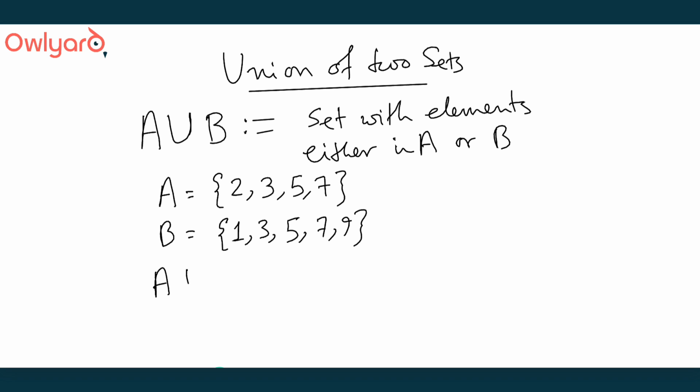Then A union B, the way we have defined it here, means that I have to collect all the elements from A and B and construct it. So 1, 2, 3, 5, 7, 9. Any element that goes either way, either in A or B, will go here, right? Okay, so this is the union of two sets.